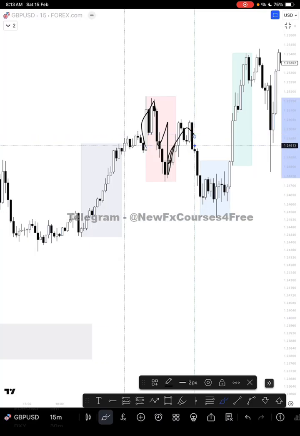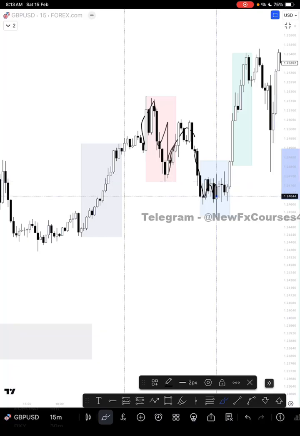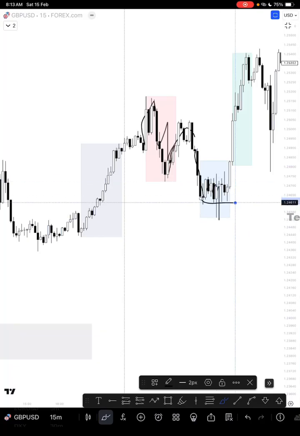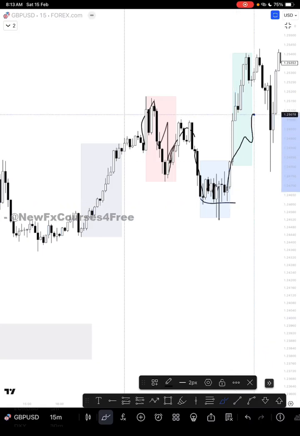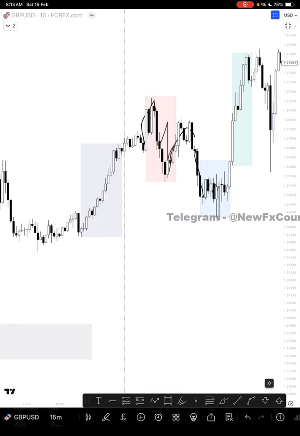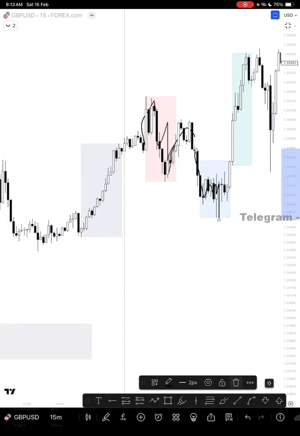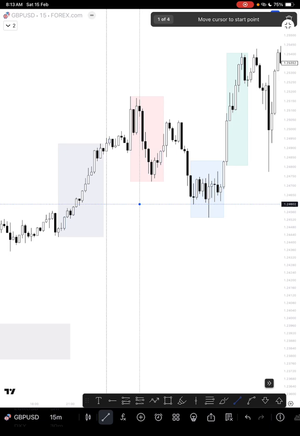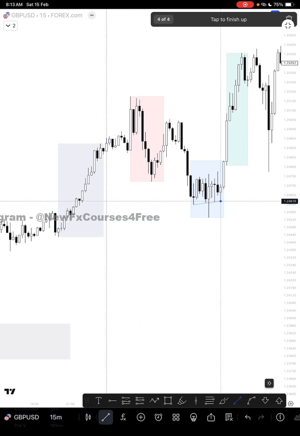New York range and manipulation, sweeping this low. Then London close, expansion. This is actually a New York / London reversal profile.